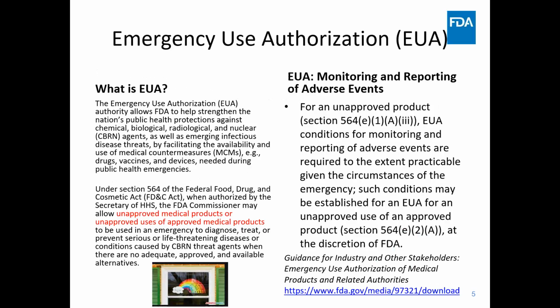But what's important is that this process is documented in the Federal Food, Drug, and Cosmetic Act, and there are a couple of steps that precede it. So first, the Secretary of Health and Human Services needs to declare that there is a public health emergency, and then that circumstances exist to justify authorization, and then the FDA has the authority to actually issue the authorization for emergency use.